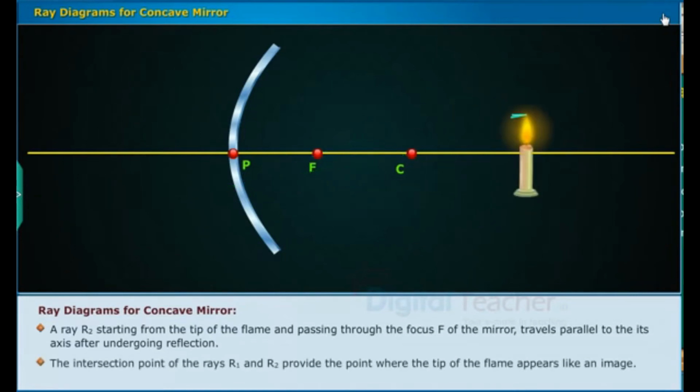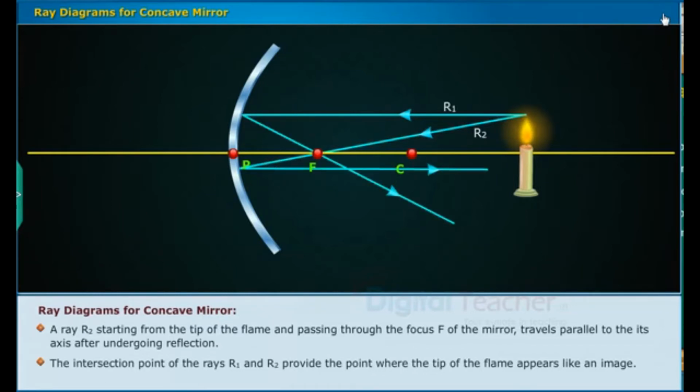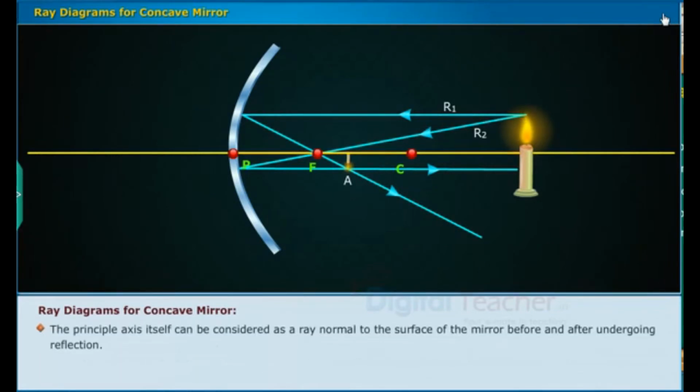The intersection point of the rays R1 and R2 provide the point where the tip of the flame appears like an image. The principal axis itself can be considered as a ray normal to the surface of the mirror before and after undergoing reflection.